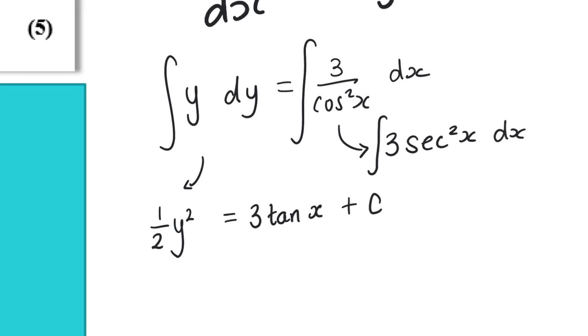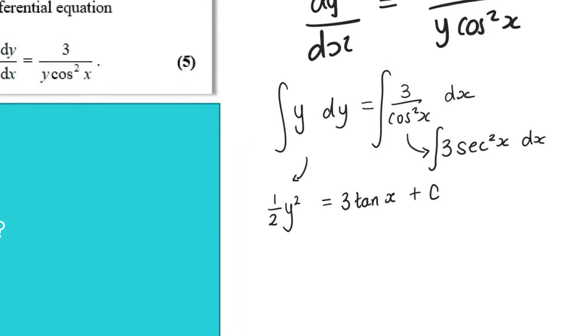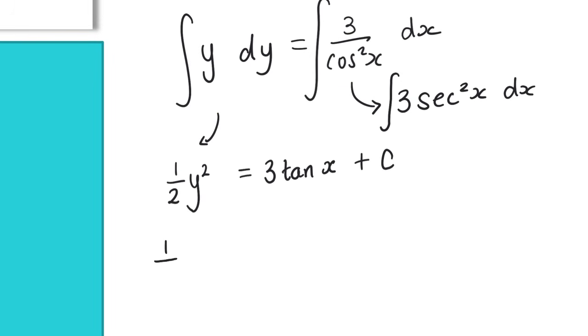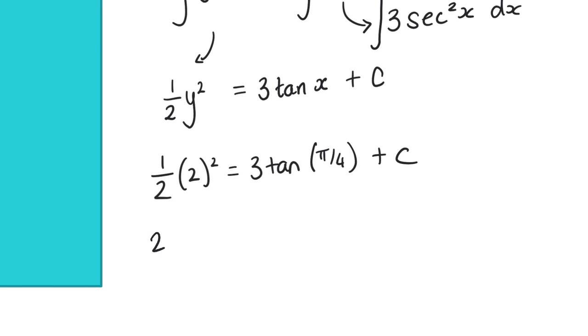So now I've done this properly, I need to substitute in 2 and pi over 4. So I'm going to get half lots of 2 squared equals 3 tan pi over 4 plus c. My calculator needs to be in radians. So I get 2 equals 3 lots of tan pi over 4, plus c.